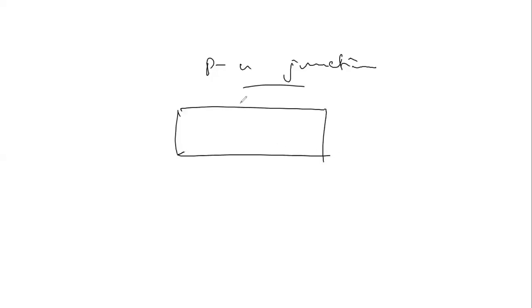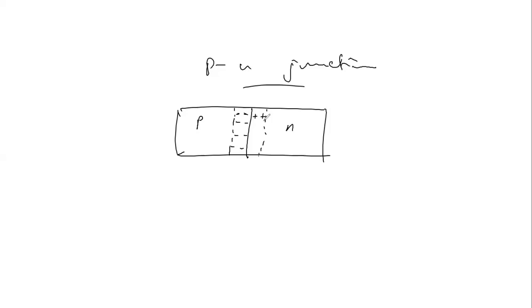So the idea now is, we have a PN junction here. This is the p-type, and this is the n-type. Now, we experience an effect here. For the p-type, we see some negative charges here.